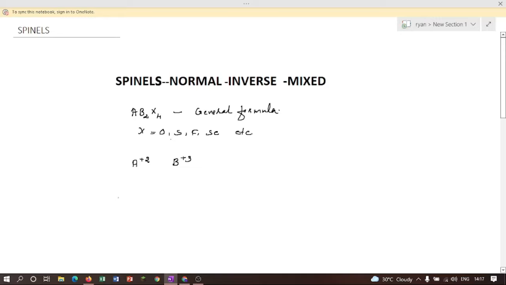If the divalent cation goes into the tetrahedral void and the trivalent cation goes into the octahedral void, the spinel formed here is known as normal spinel. This is the combination of normal spinel.